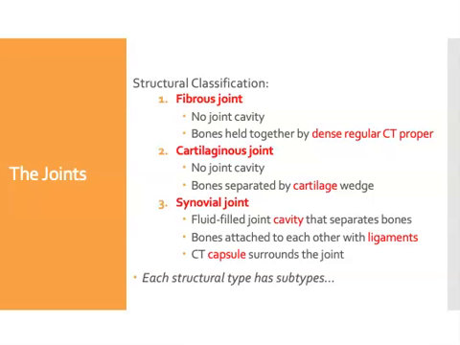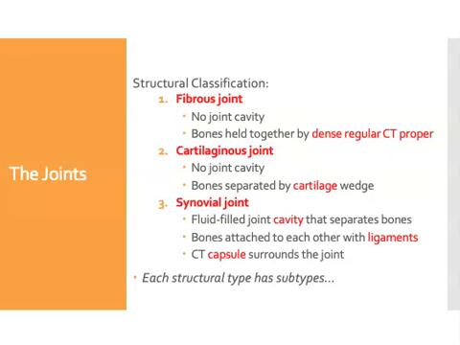Let's begin with the structural classification of joints. There are three different types of joints from a structural standpoint. There are what we call fibrous joints, there are cartilaginous joints, and there are synovial joints. Fibrous joints are joints that have no joint cavity between the bones.